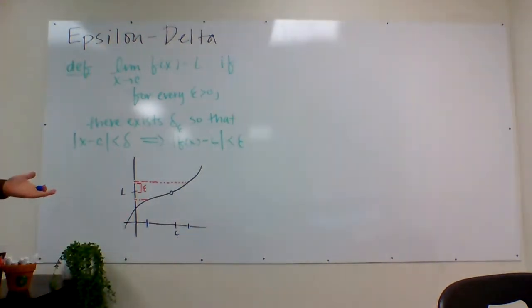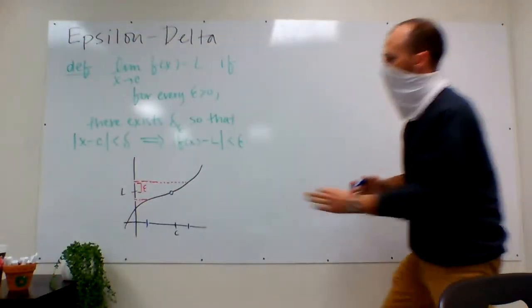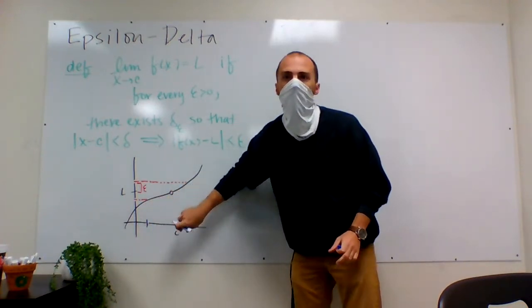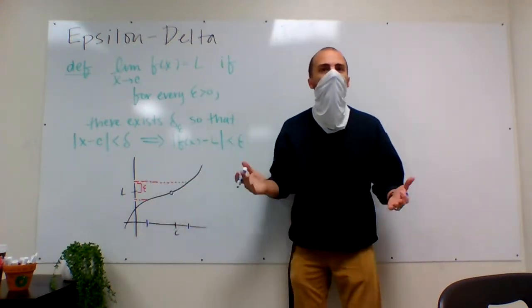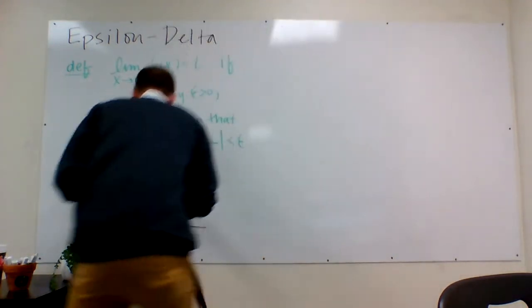So for these, I believe that your delta would be the larger of these two distances. So if we're within this distance of c, I can guarantee that we'll be within epsilon of L after we run these x's through f. That is the idea.